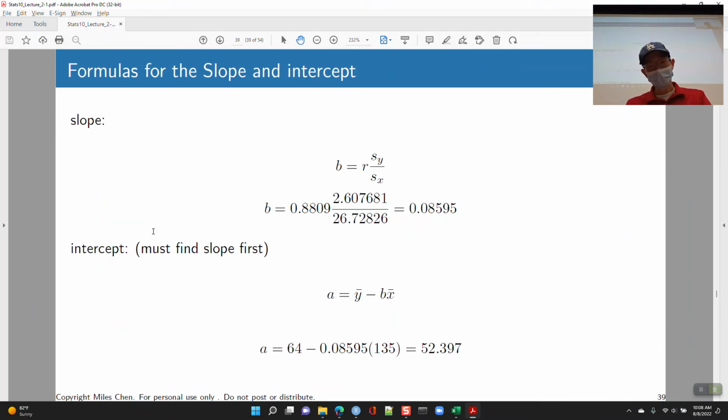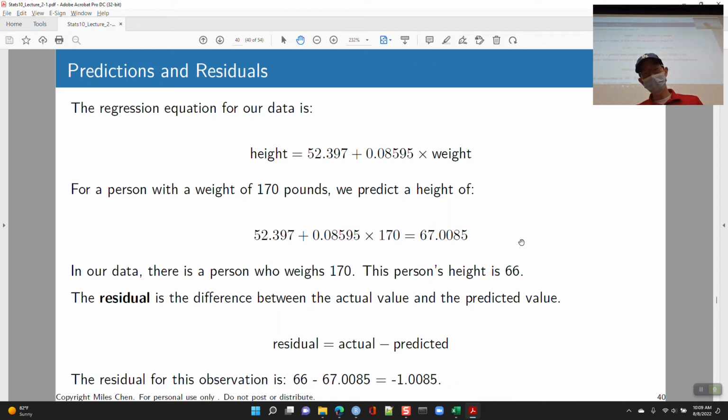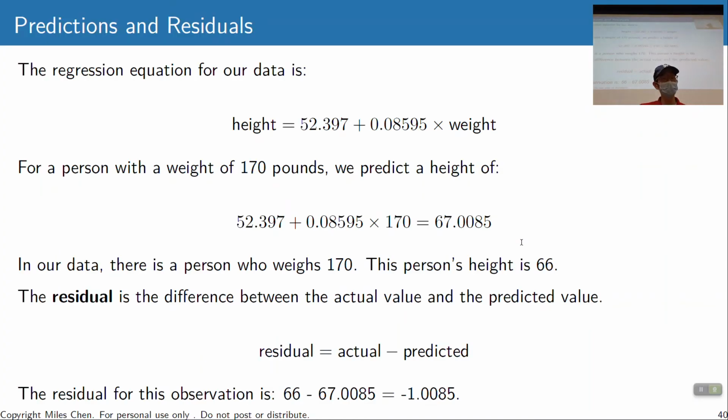Okay, so that just means our prediction is not the same as what the actual value is. And the difference between the prediction and the actual value, that's known as our residual. The residual is the difference between what the actual value is and what the predicted value is. And basically, I just said, hey, here's the line. There's actually a lot of math involved that I kind of skipped over.